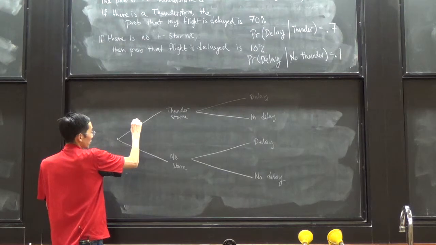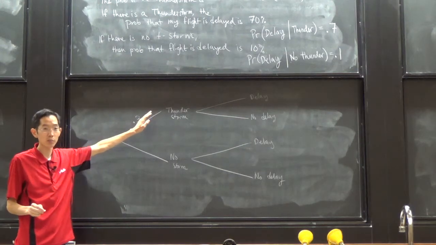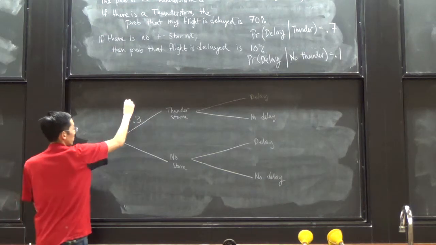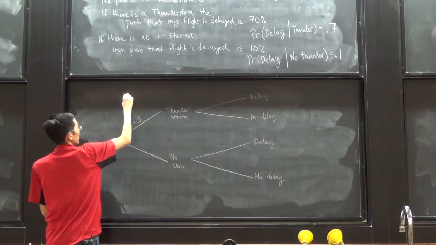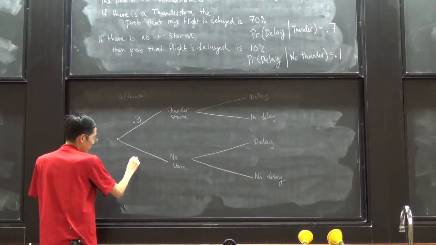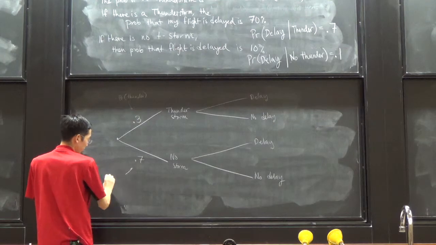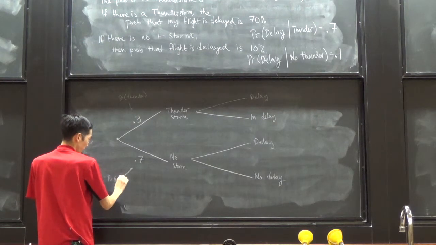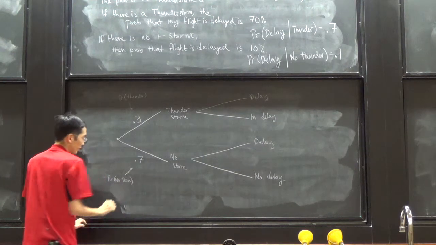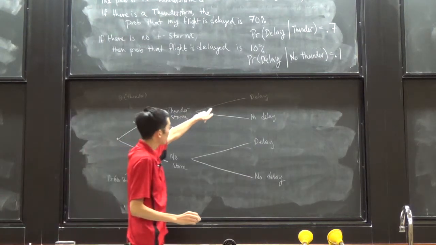So right here I'm going to write 0.3 along this branch to indicate the probability of a thunderstorm. Over here I would write 0.7 because the probability of no storm is 0.7.